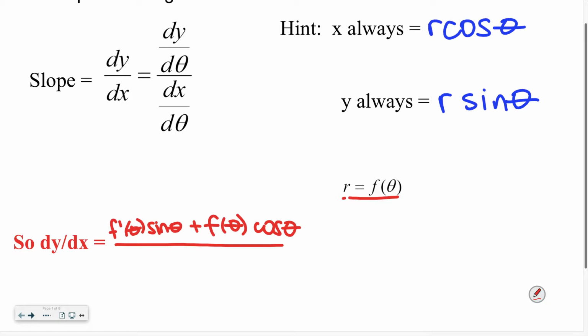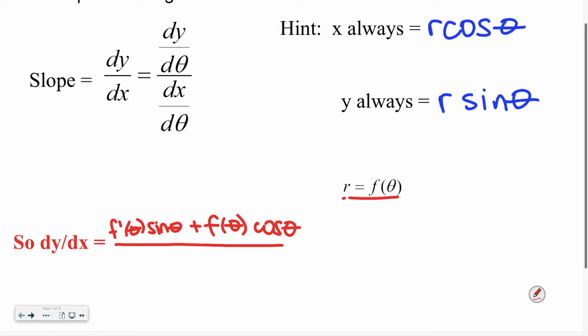It's the product rule of f of theta times sine of theta. And so we need to write this down. Yes. No, maybe. You can, but I don't want you to memorize it.